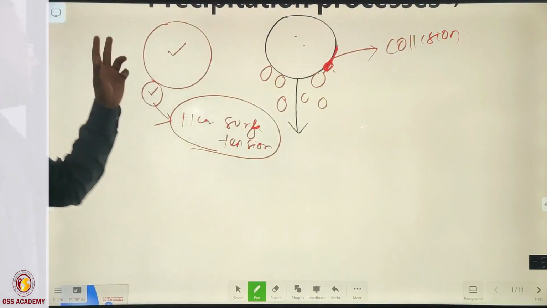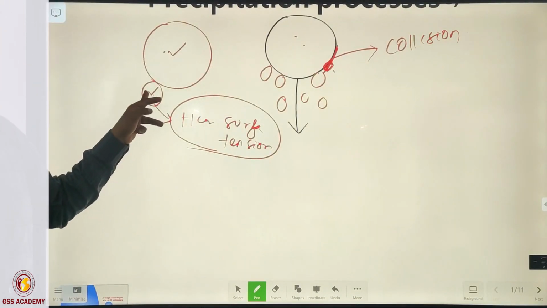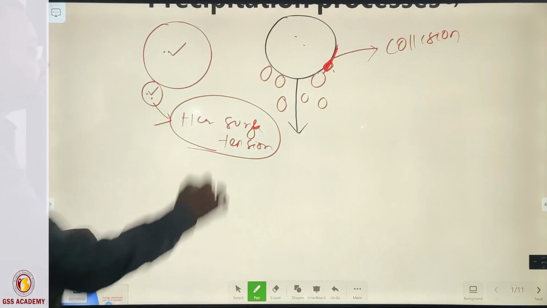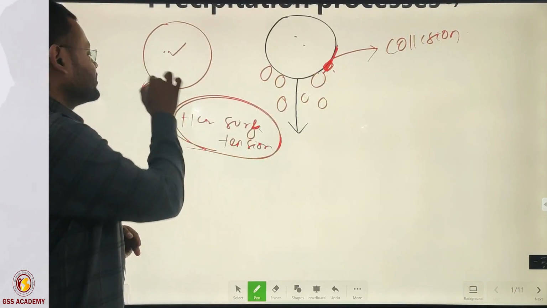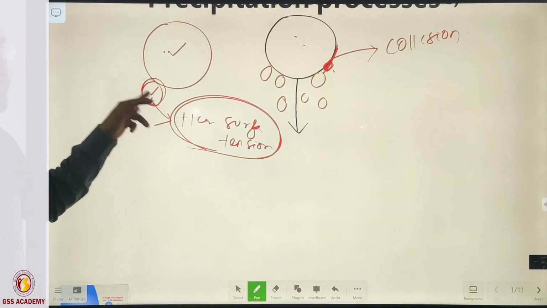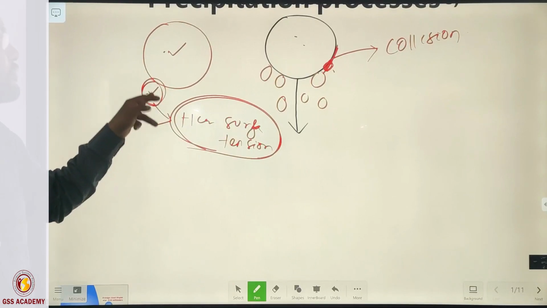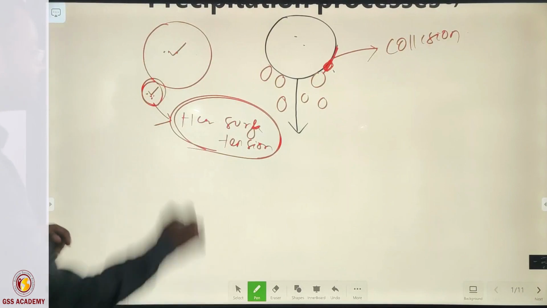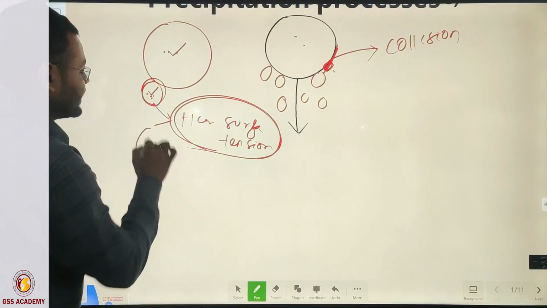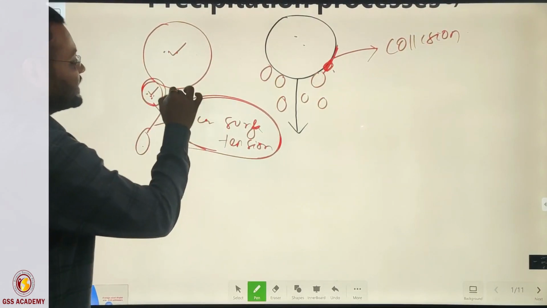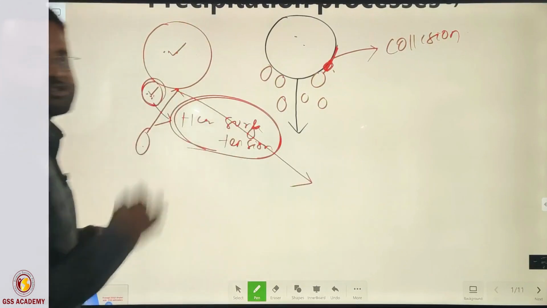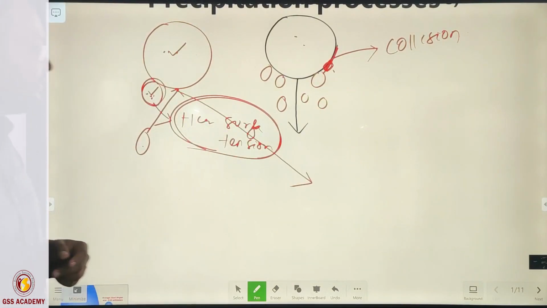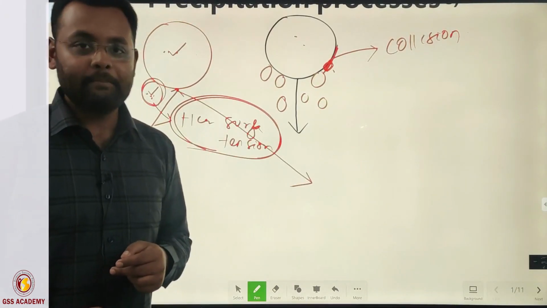Due to the high surface tension of the small droplet, it will not merge with the large droplet easily. Instead, after colliding it will simply bounce back.